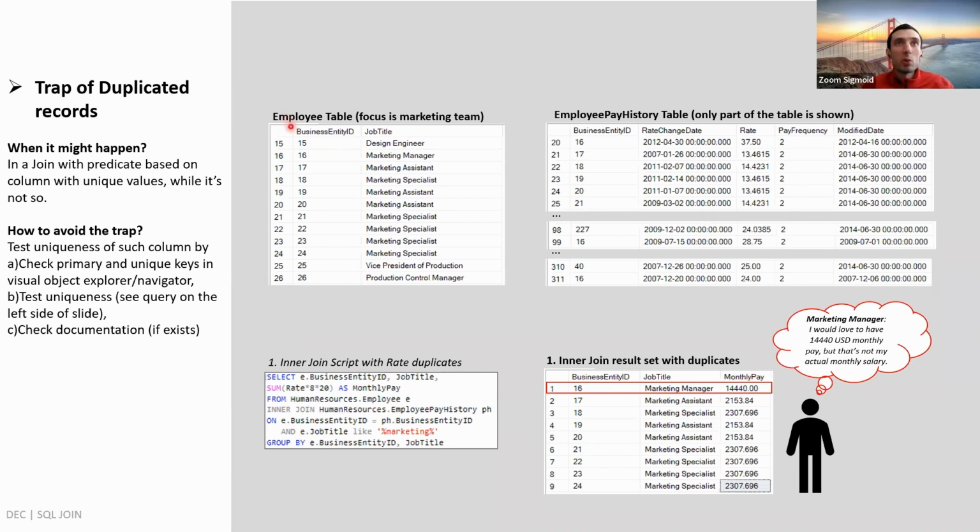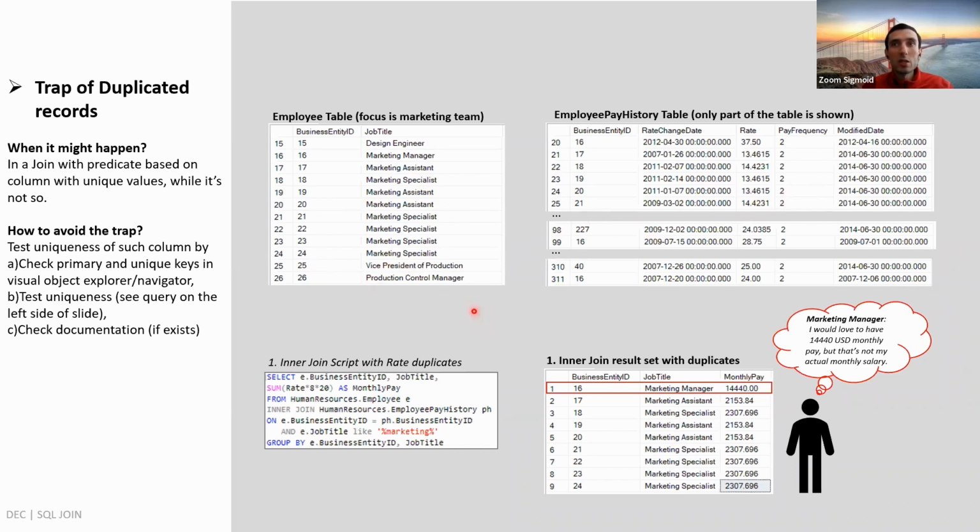So we have an employee table, and it's not the whole table, just the focus on the marketing team. Here we have the marketing team, and we have employee pay history. It's the table which has the pay rates and the business entity ID, which is related to this one. And we have the hourly rates and the pay frequency, how often it's paid.